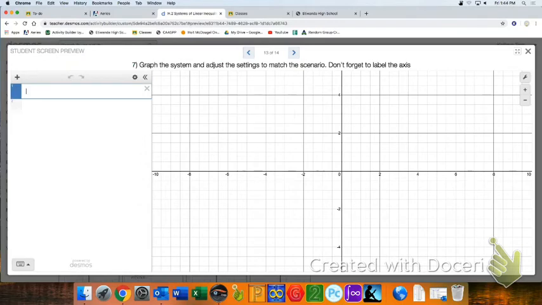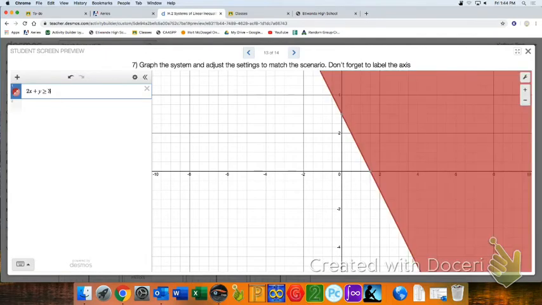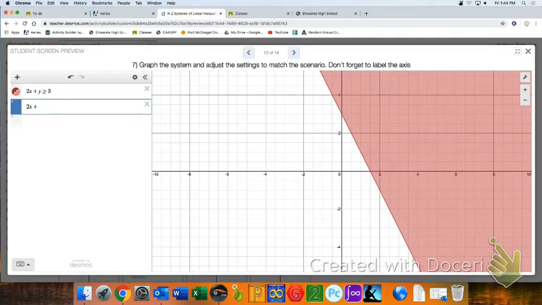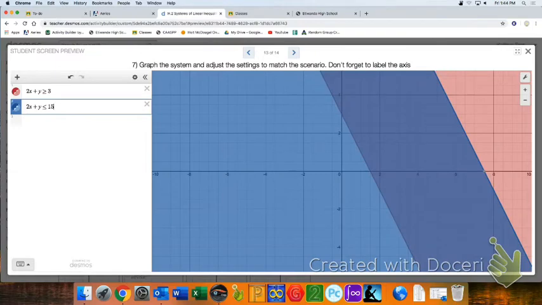Here. Okay. So I'm going to type in the first inequality, which said 2x plus y is greater than or equal to 3. Woo, there's my graph. And the next one, 2x plus y is less than or equal to 15.